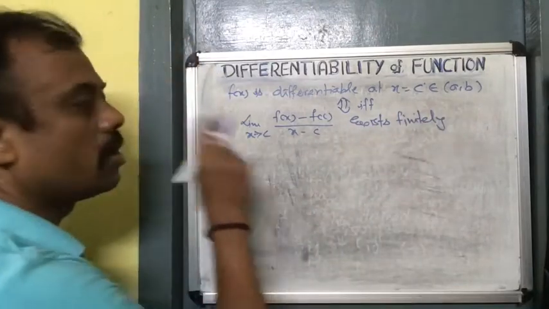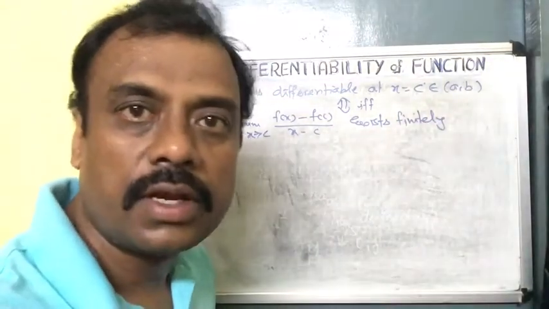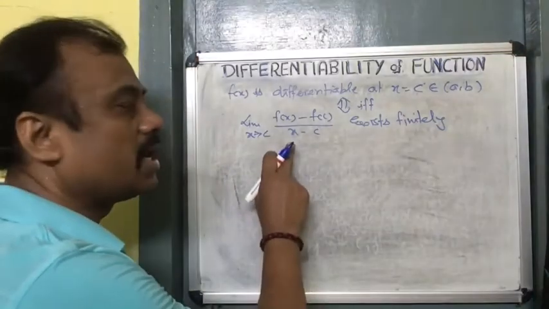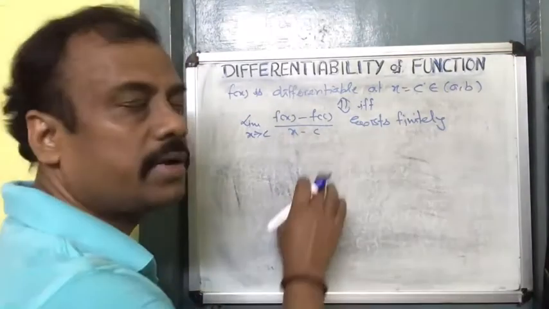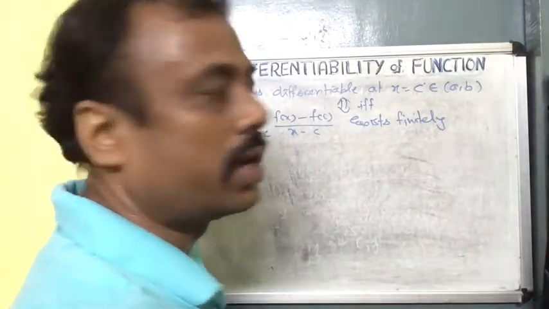Now, what is the meaning of existence of a limit? That means its LHL, left hand limit, and its RHL, right hand limit, both must be equal.